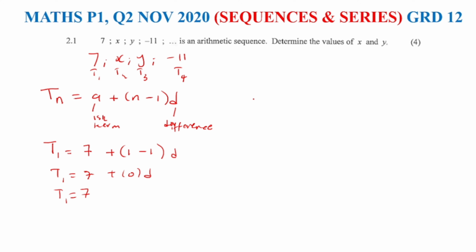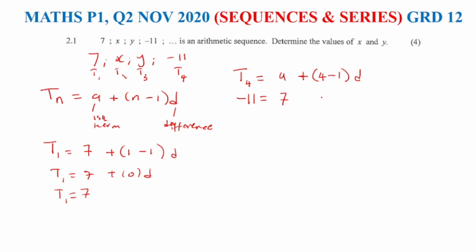Now let's come here and say, okay, this one is t4. Let's have a look at t4. T4 would be equal to a plus, we know that n is equal to 4, so I'm going to put 4 minus 1 times d. We know what a is, it's 7, and we know what t4 is.